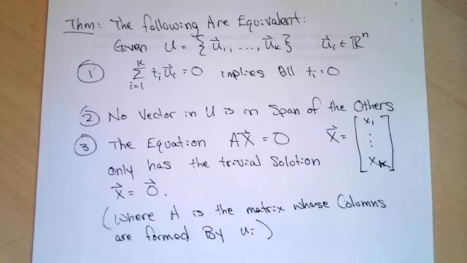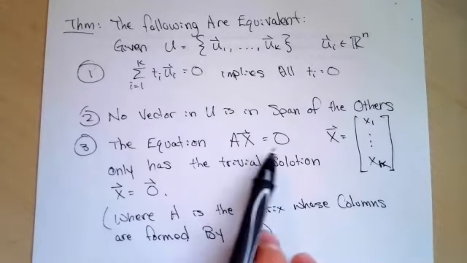So we've reduced our problem of linear independence. We can formulate that by looking at the matrix whose columns are formed by the vectors in a given set, and we can either row reduce or perhaps LU factorize to determine if there are more solutions.